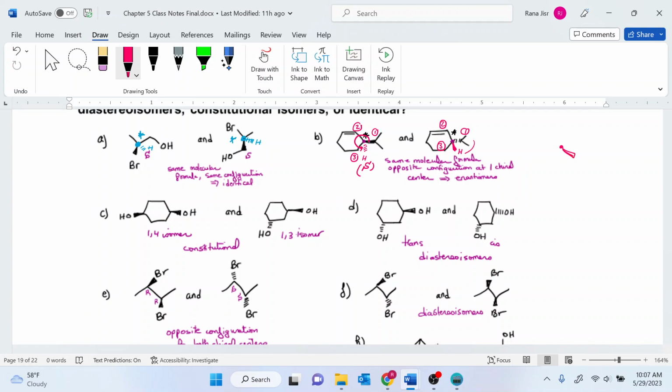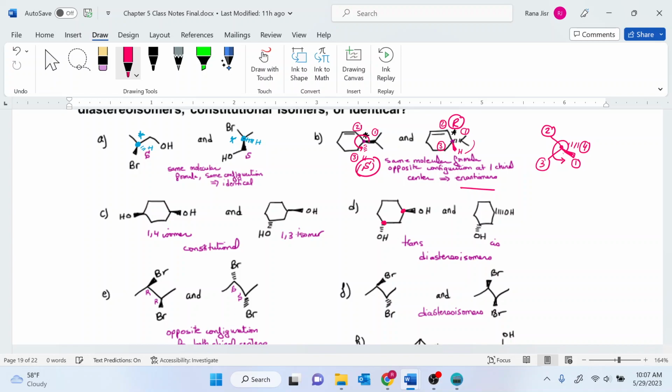So now the 1 is going to be in front, the 4 is going to be behind, and then I'm going to keep the 2 and the 3 in plane. And I'm going by 1, 2, and 3, and this is an S configuration, but I switched the groups, so it's an actual R. So from S to R, these are a pair of enantiomers because they differ by one chiral center.